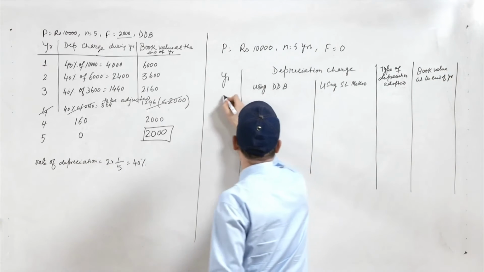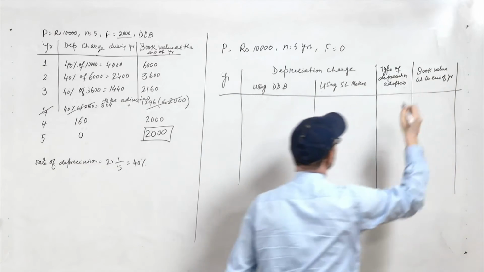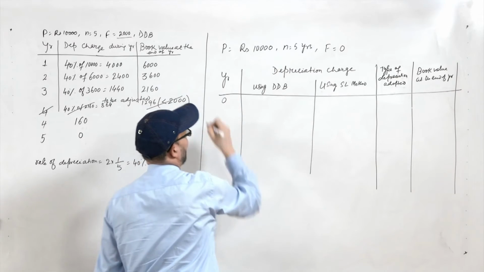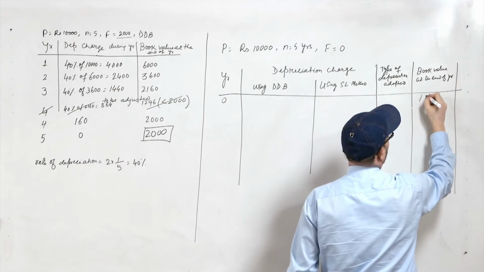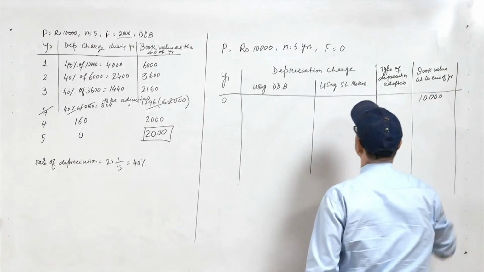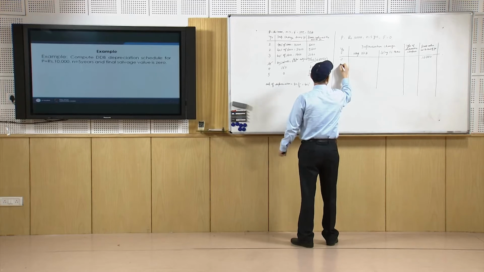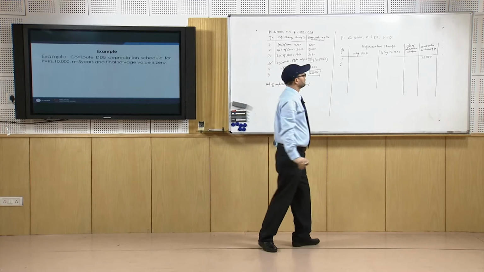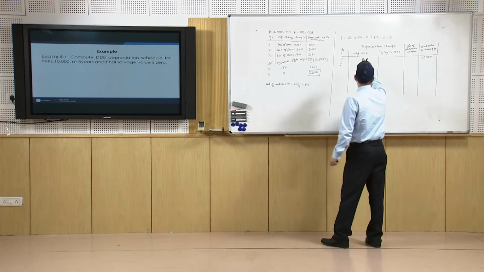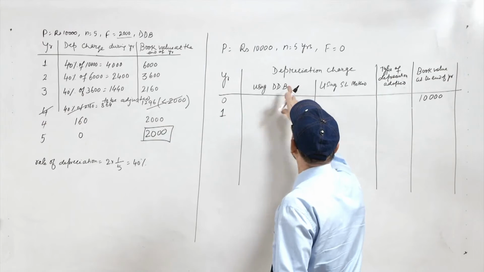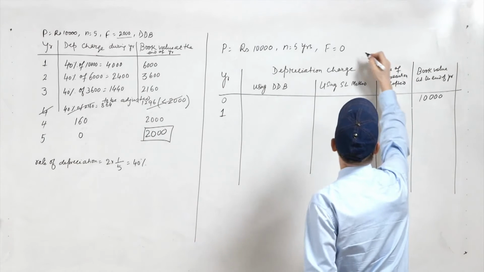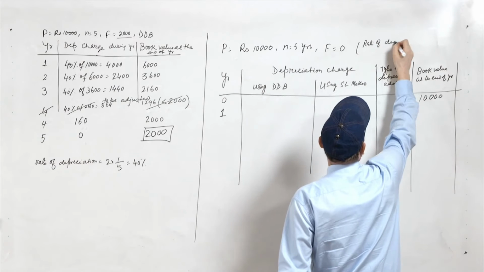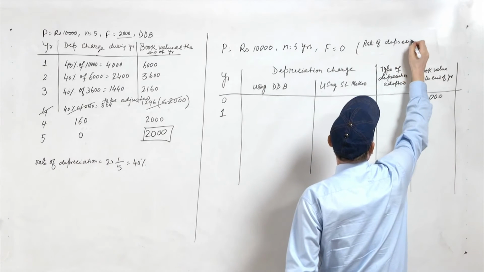Now, let us say during the first year, now if we say 0 year, at the end of year you have value as 10,000. So, during the first year, if we calculate the double declining balance, your rate of depreciation using DDB is 40%.